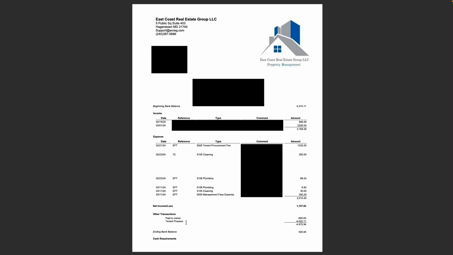If there's any fees that they owe us, of course, it could be that too, right? Because nothing is due to anyone until we've actually charged them. And same thing for rent and utility bills and things of that nature. So anyways, beginning balance, then you got the income, you got your expenses, net income and loss. But mainly what I wanted to show you guys was how it transferred over and it leaves the tenant prepayment account.